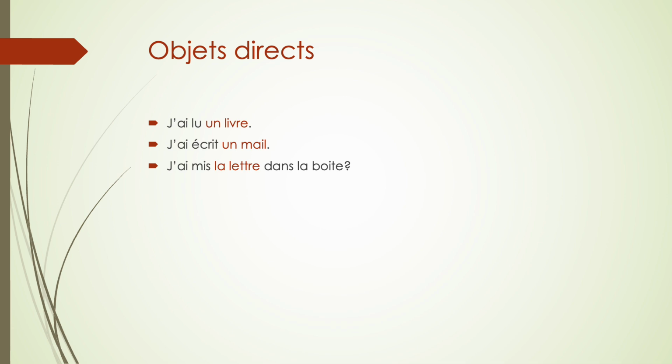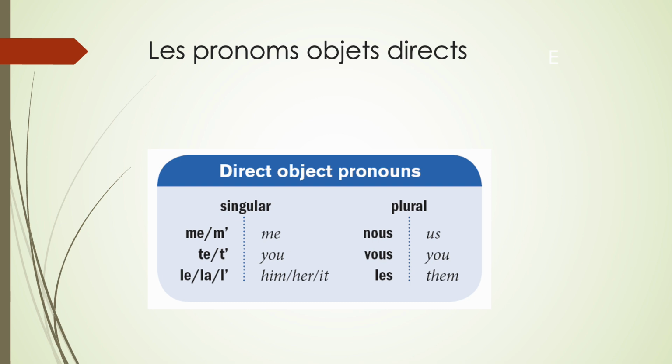So, yesterday we learned about direct object pronouns, and these are used to replace a direct object. So there's me, m apostrophe, te, t apostrophe. There's also se, s apostrophe, but we don't need to worry about that. You can worry about that in level 3 if you take that.